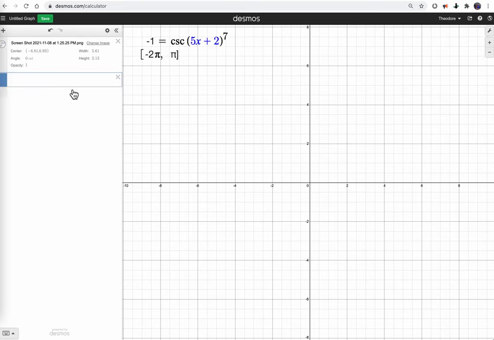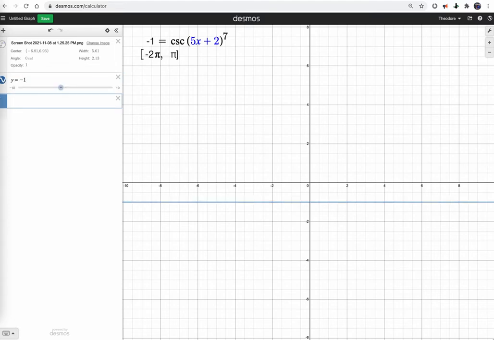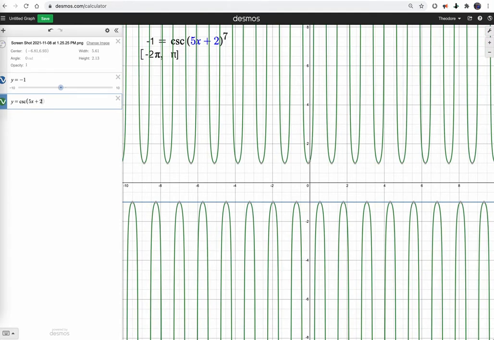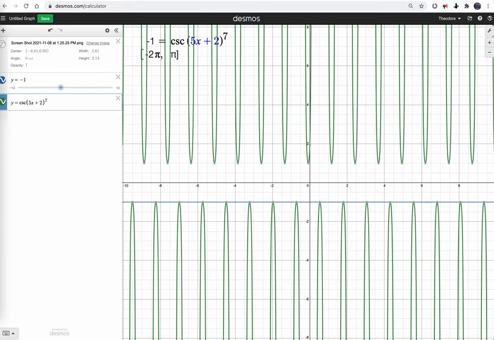So I'm going to type in y equals -1. So this one's on me. A freebie for you. Don't do this one. Y equals cosecant of (5x plus 2) raised to the 7th power. That's a crispy looking function right there. But we want to restrict the domain from -2 pi to pi.